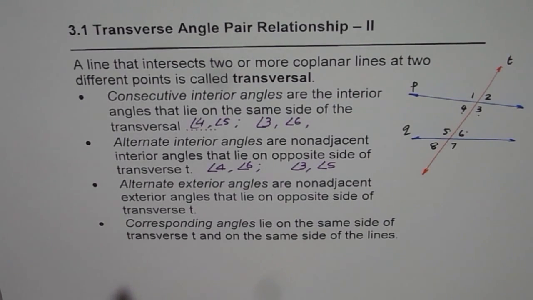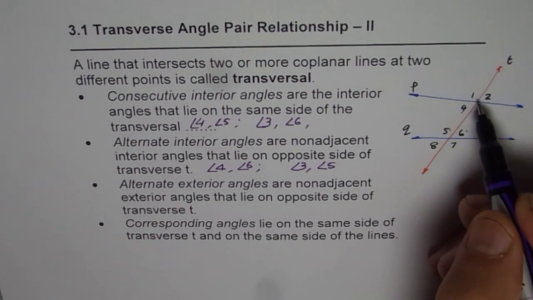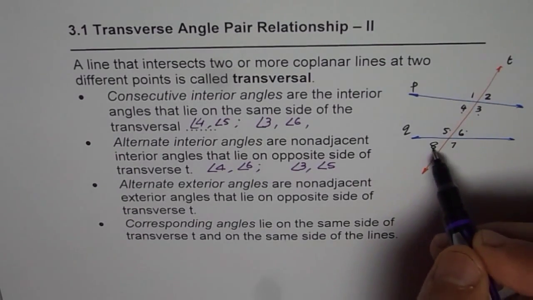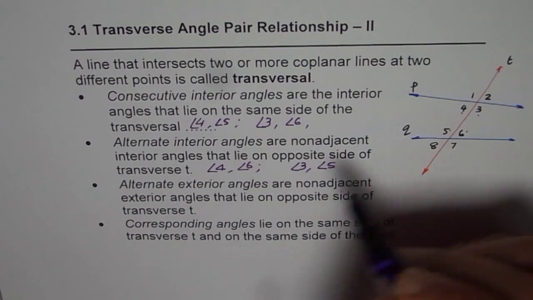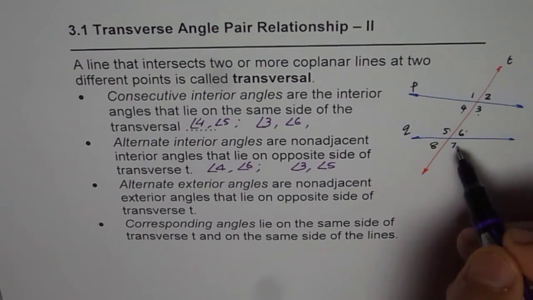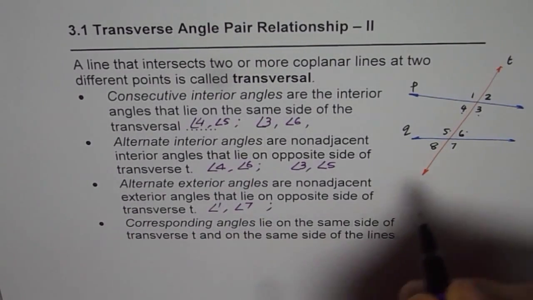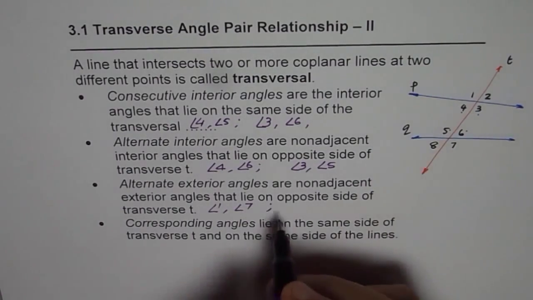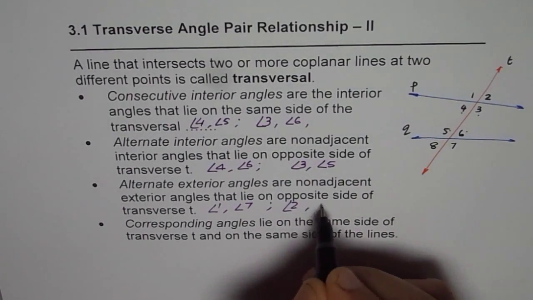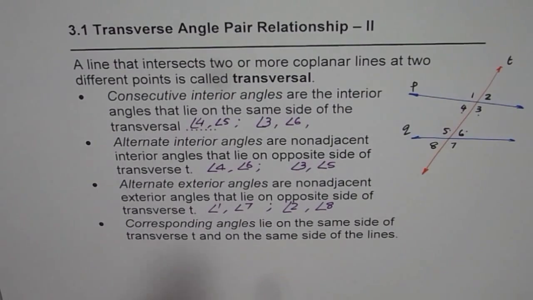So which are these angles? They are exterior, so they are out of 1, 2, 8, 7. Alternate means on opposite side, so 1 with 7, and the other set is 2 with 8. So that becomes alternate exterior angles.